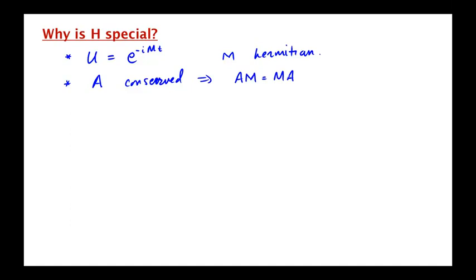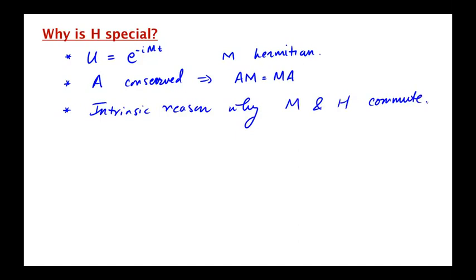Okay, so there must be some intrinsic reason why M and H commute. And what we are going to reason is that, in fact, the most natural intrinsic reason why H and M commute is that H is some multiple of M, right?